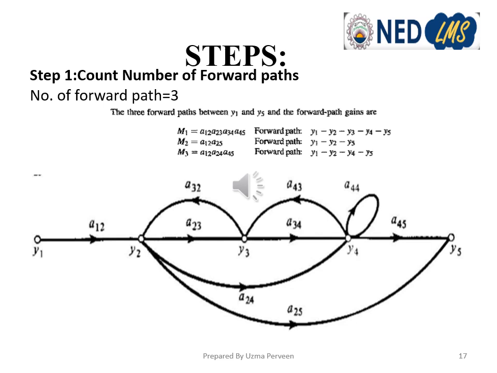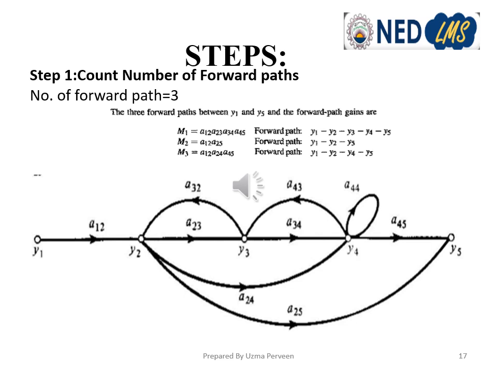We have defined a forward path as the path along which no node is traversed more than once. So first we see how many forward paths we have in this flow graph. The first forward path, which we call M1, is y1 to y2, y2 to y3, then y3 to y4, and then y4 to y5.